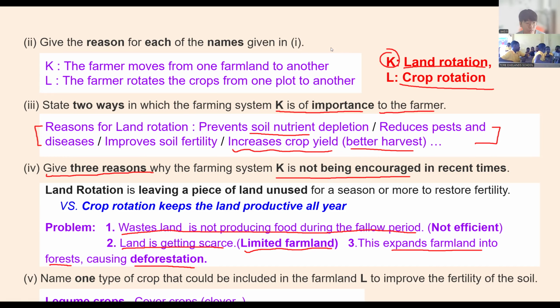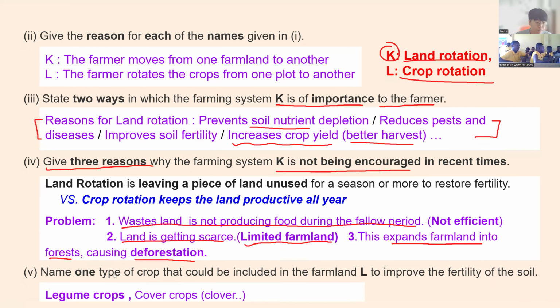And number five states to name one type of crop that could be included in farmland L, the crop rotation, to improve the fertility of the soil. And you can use all the methods that we've talked about before, things like legume crops and clover crops.